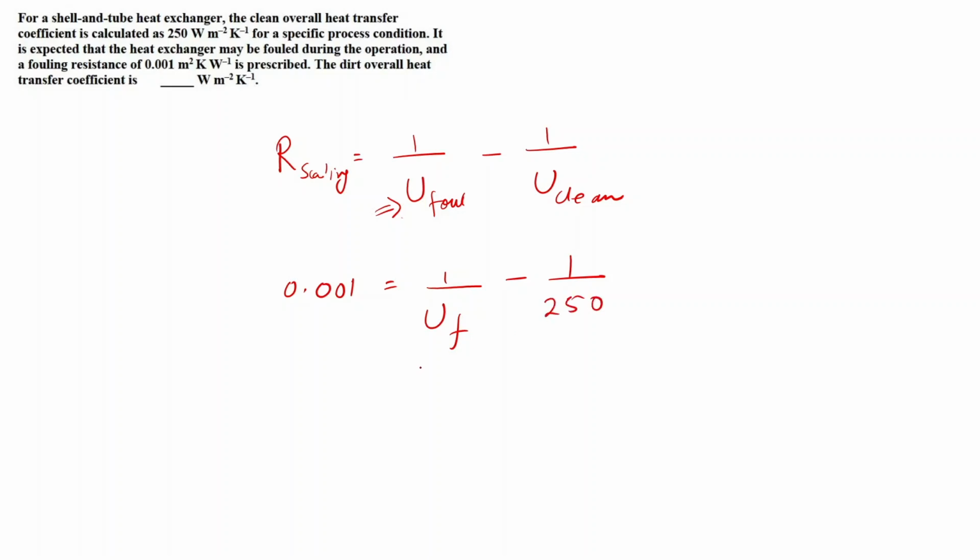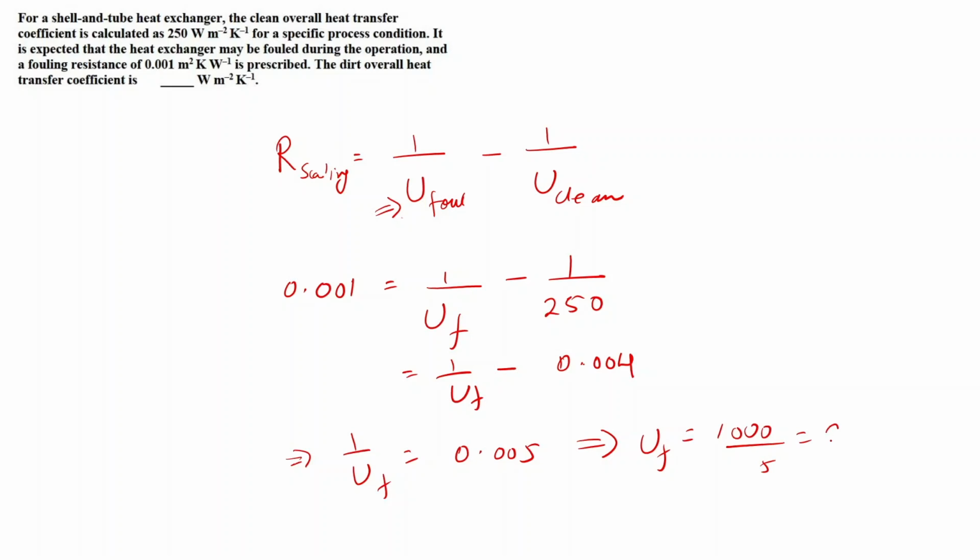Okay, so this will become 0.004, and UF will become 1000 upon 5.